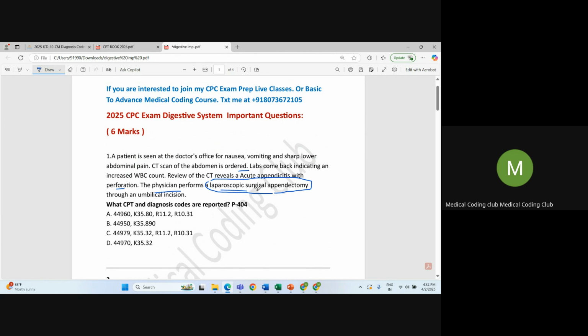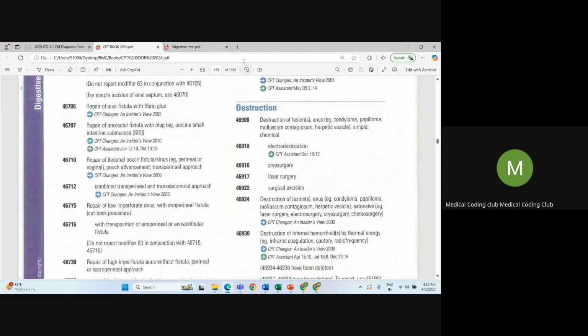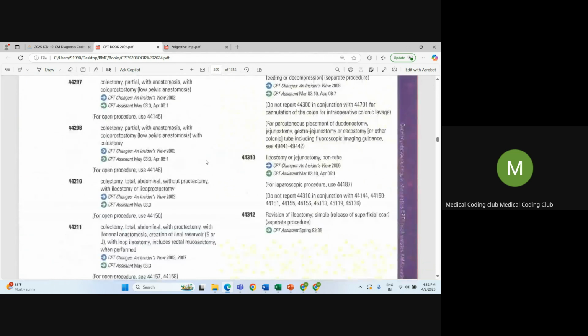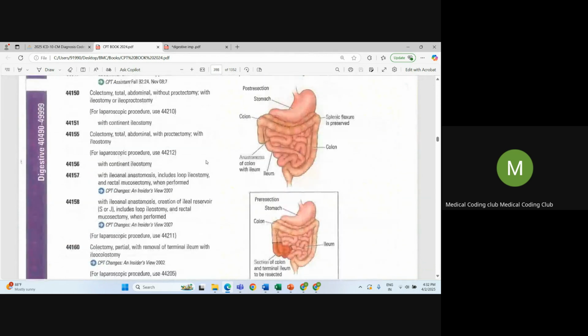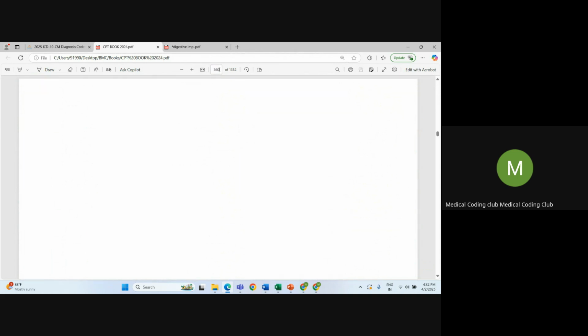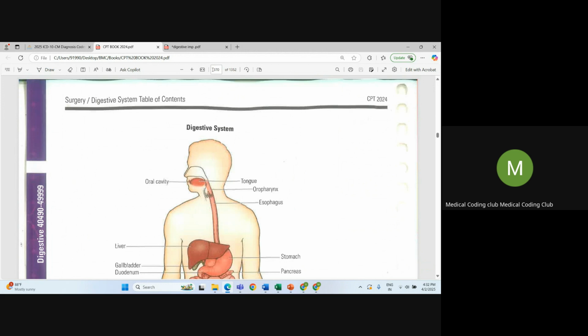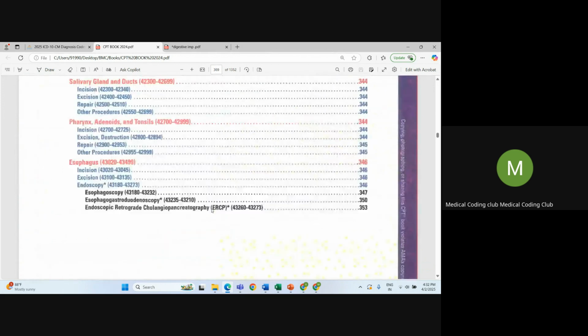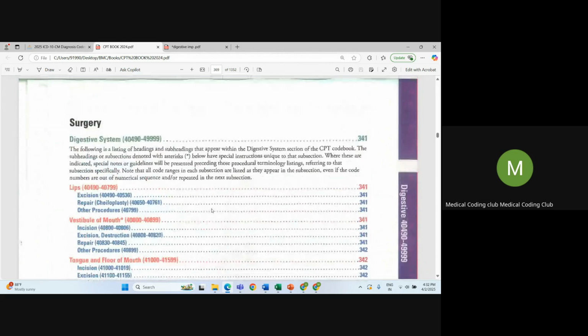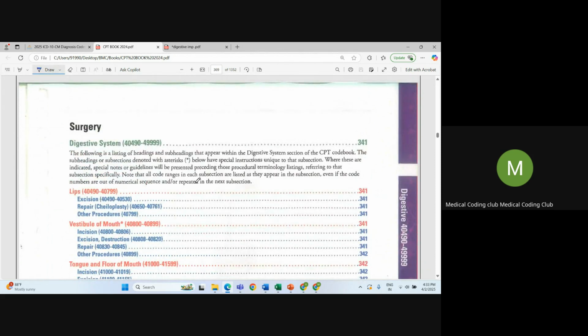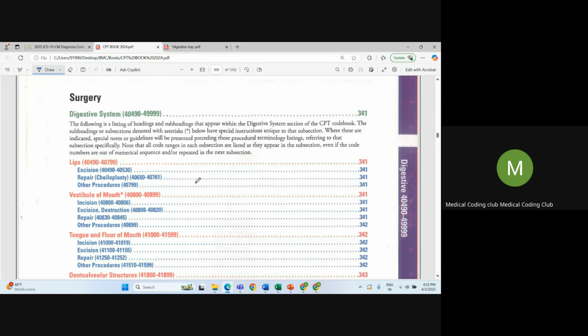Before that, I will also give you the important concepts you should go through. Digestive system. From the index, I will tell you the very important professional coding.